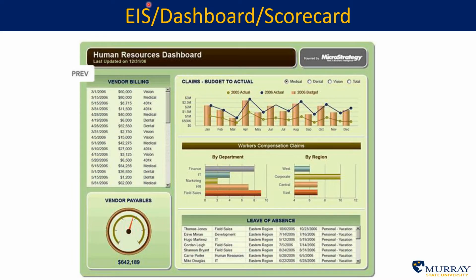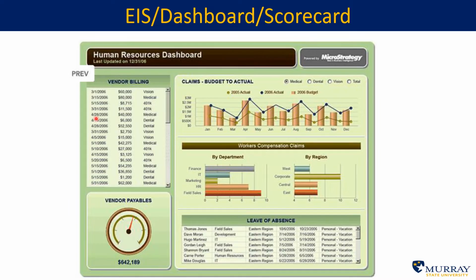Now what you see here is an example of the so-called executive information system, also called a dashboard or scorecard. Apparently it's built for somebody in human resource management, and here you have real-time indicators of vendor billing, claims, and budgeted claims compared to actual claims. Then you have worker compensation claims by department and by region.